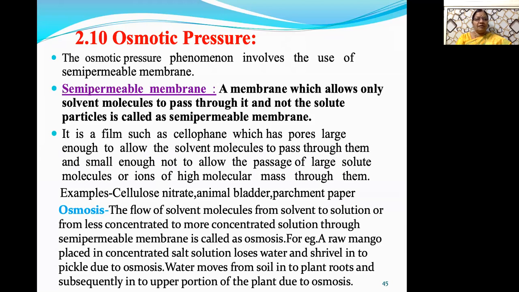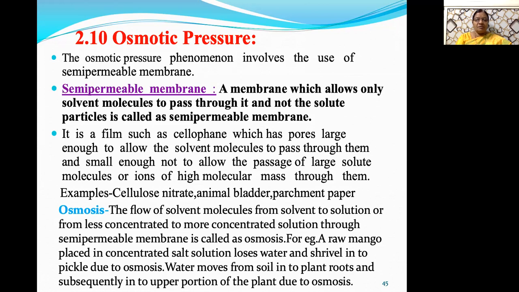Now in your daily life, you can observe during the summer days, the raw mango, when it is placed in a concentrated salt solution, loses water and shrivels into pickle. This occurs due to the osmosis phenomenon. That is a common observation.